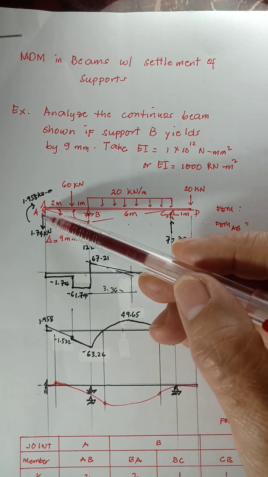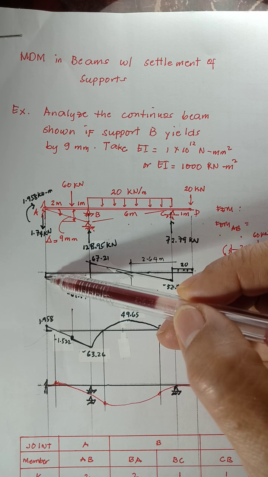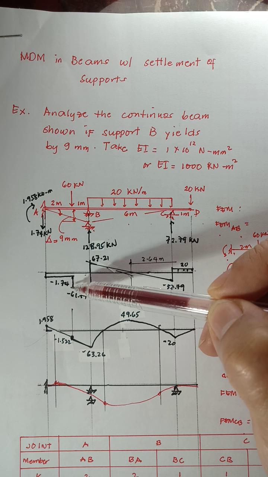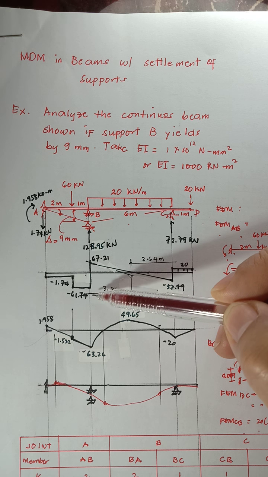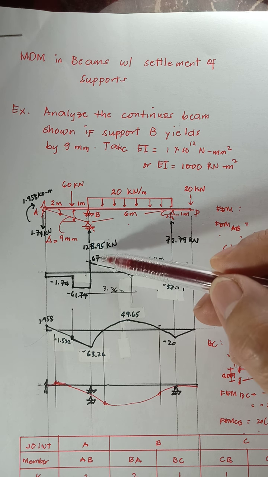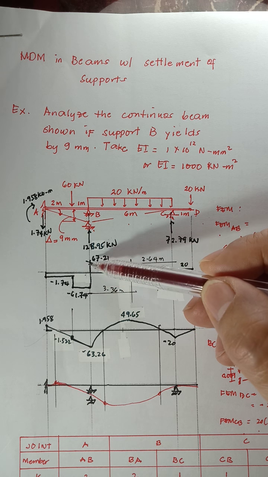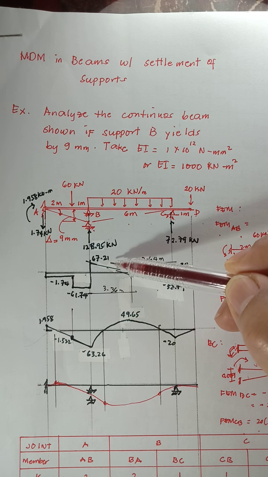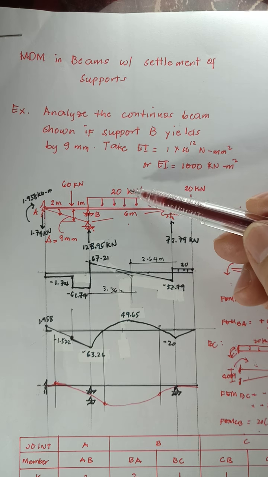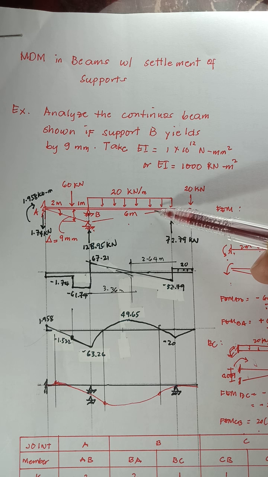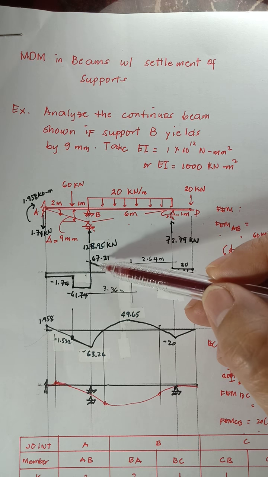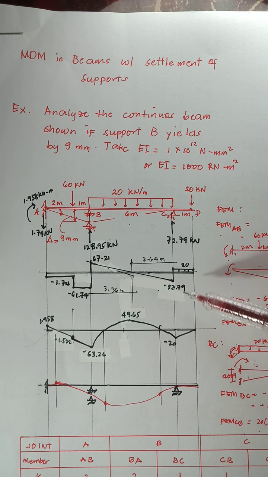Okay, so we have a downward reaction, so the shear is negative 61.74. Then we have a reaction of 128.95, so plus, and that will give us 67.21. Then minus the uniformly distributed load of 20 times 6, so that is 120, and 67.21 minus 120 will give us negative 52.79.